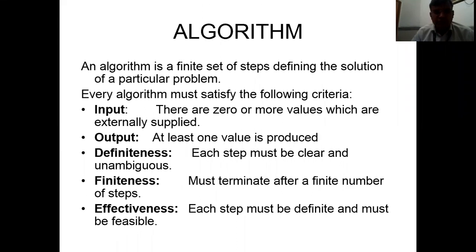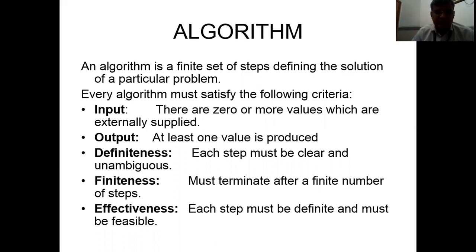Every algorithm must satisfy the following criteria. What is the criteria? Number one, input. There are 0 or more values which are externally supplied. Then output, at least one value is produced as an output.